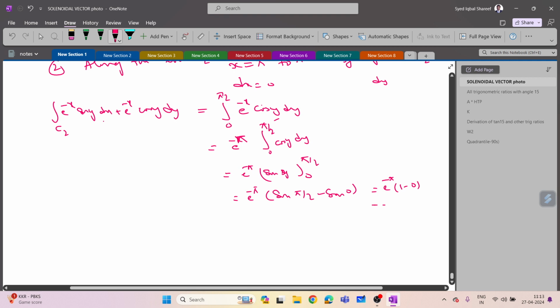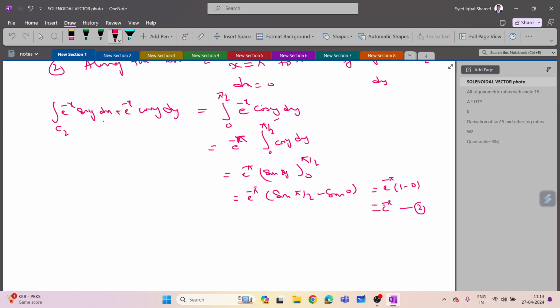So e to the power of minus pi. This is number 2 along the curve C2.